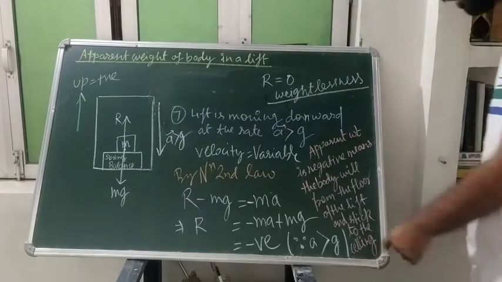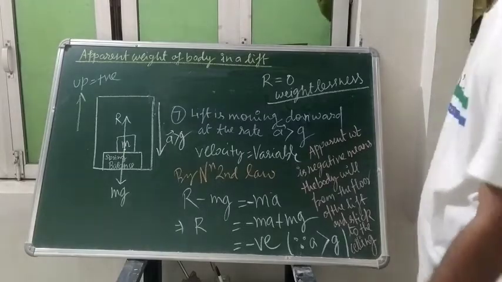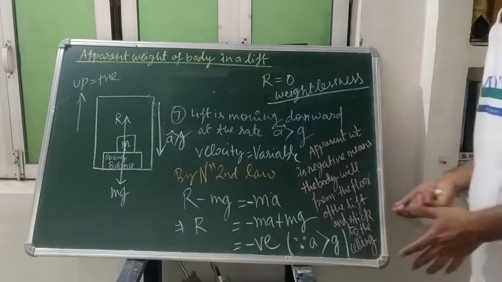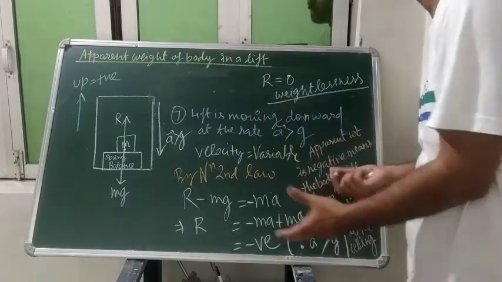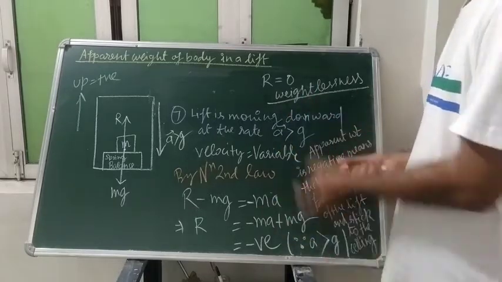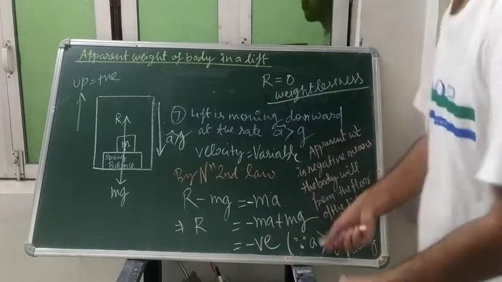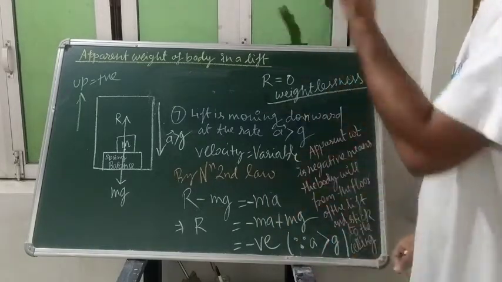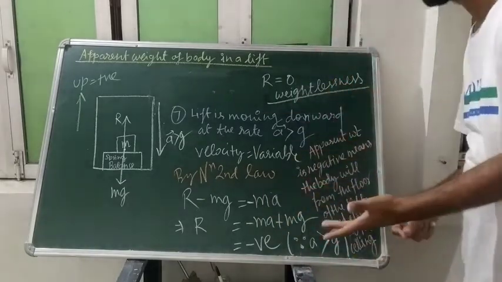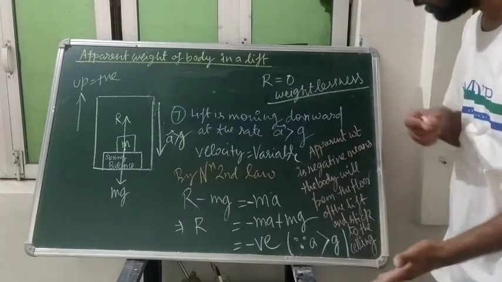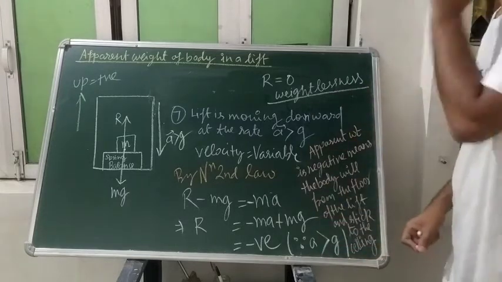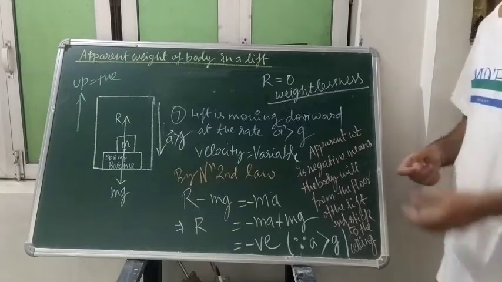Ceiling of the lift. So if you make your acceleration more than g and the lift is moving in the downward direction, the body or person will move from the floor of the lift and stick to the ceiling of the lift.